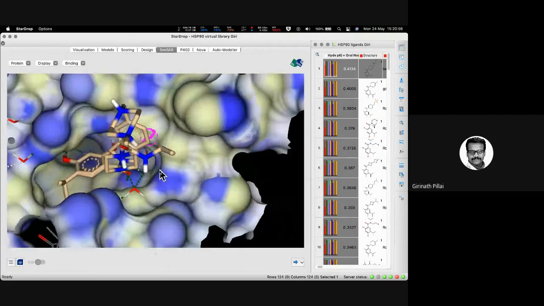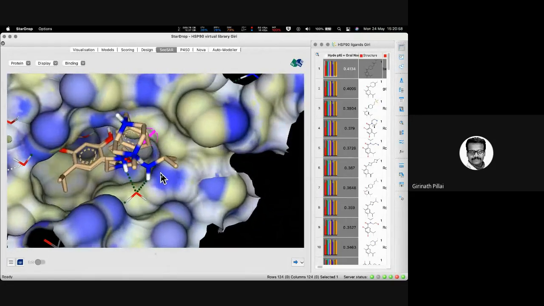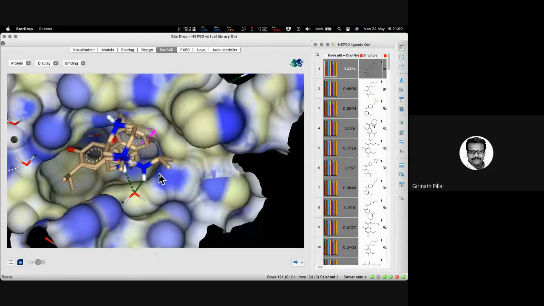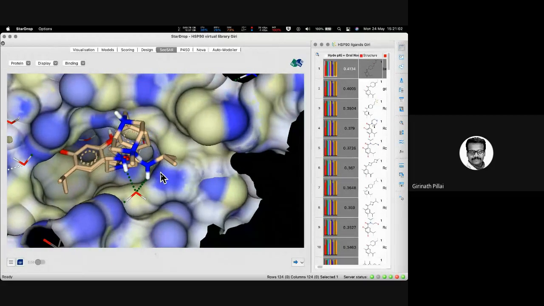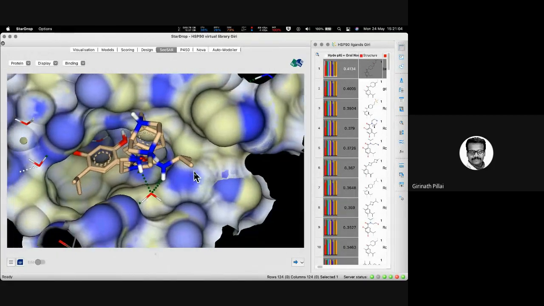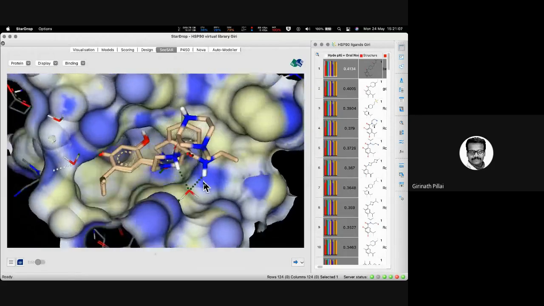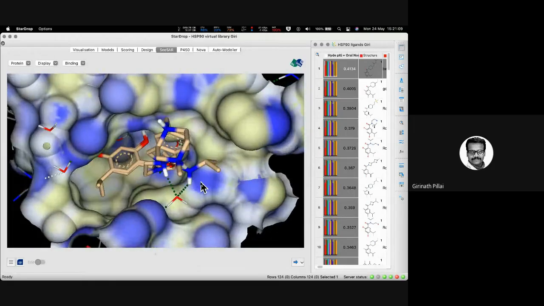By looking at this 3D picture of the pocket, where do you think you can make some derivatives or some analogs of this compound? The chemists, you have to unfortunately unmute and speak because typing in the chat won't be practical here. Where do you think you can make modifications?